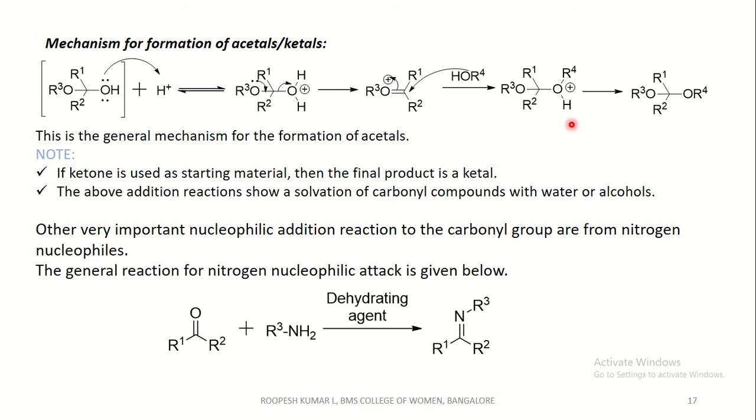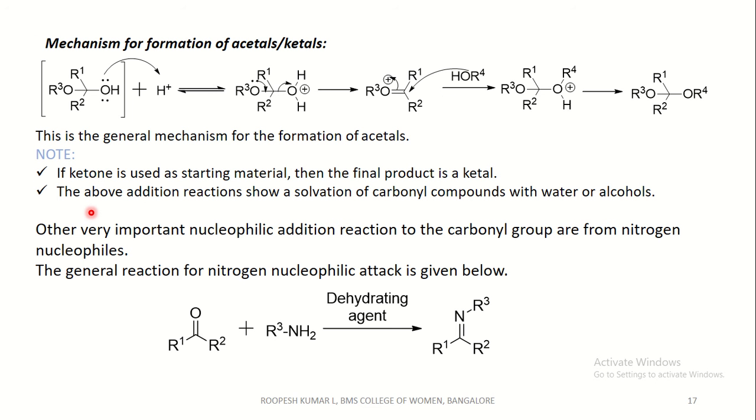This, on losing a hydrogen, gives the corresponding acetal. That is, this bond breaks to neutralize this positive charge, and we get an acetal. This is the general mechanism for the formation of acetals. If a ketone is used as a starting material, then the final product is a ketal.